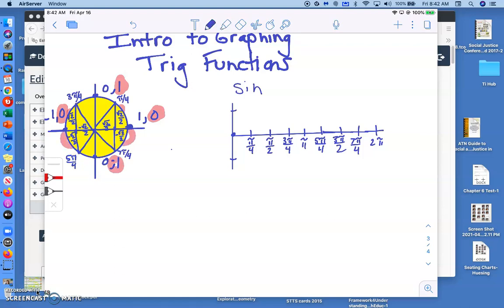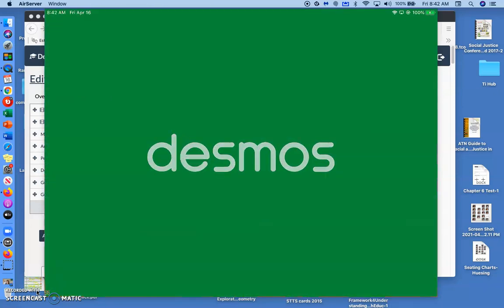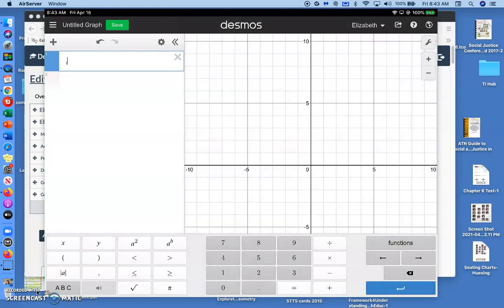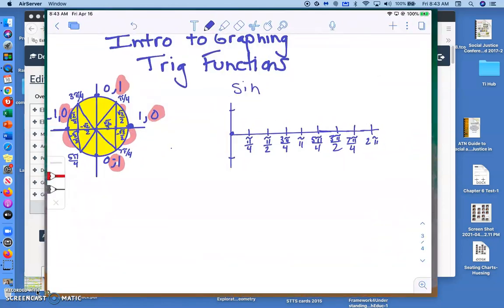and graph them. So at 0 degrees, our sine is at 0. At pi over 4, it's root 2 over 2, and we could calculate out what that is here as a decimal. So root 2 divided by 2. So we have 0.707.